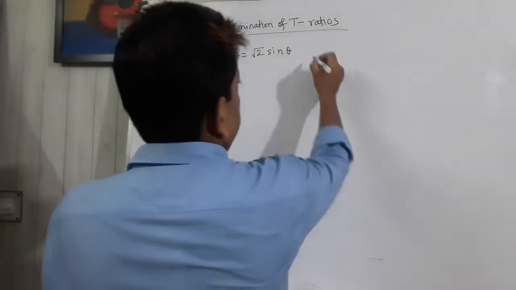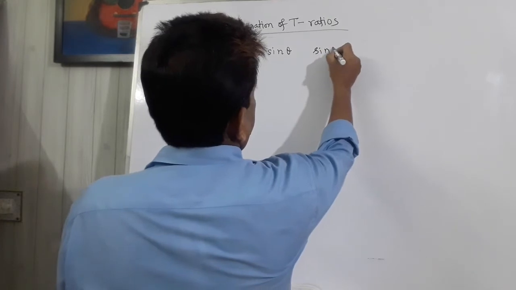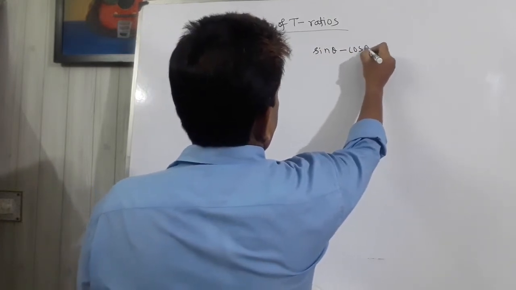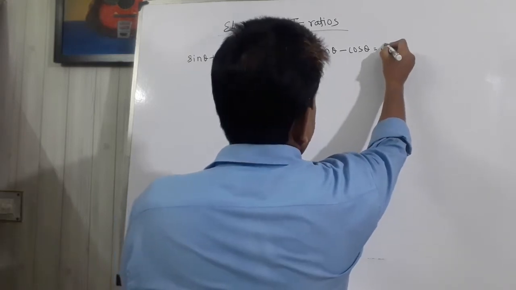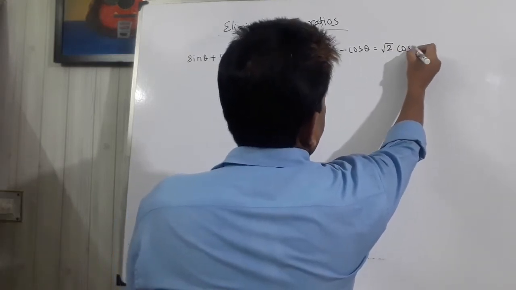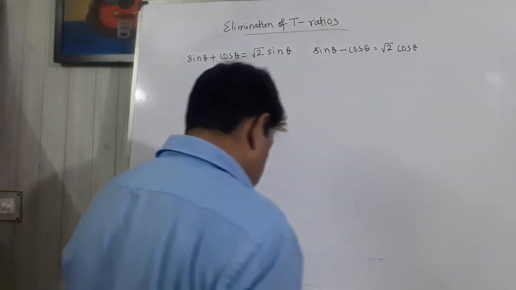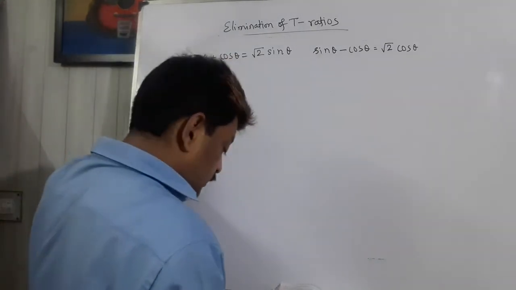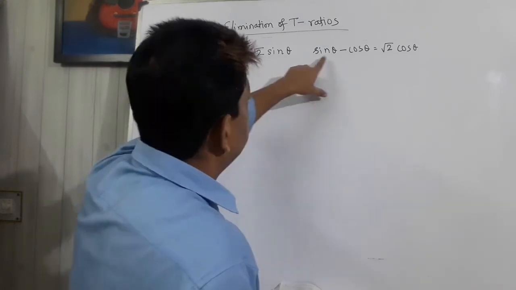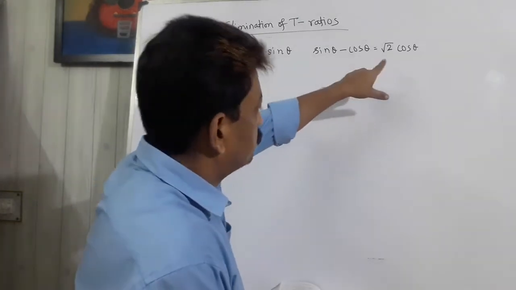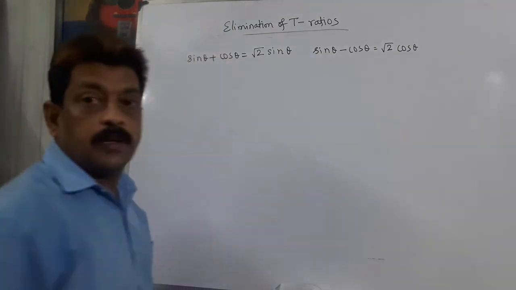We have to prove that sin theta minus cos theta is equal to root 2 cos theta. So given sin theta plus cos theta equals root 2 sin theta, we have to prove that sin theta minus cos theta equals root 2 cos theta.